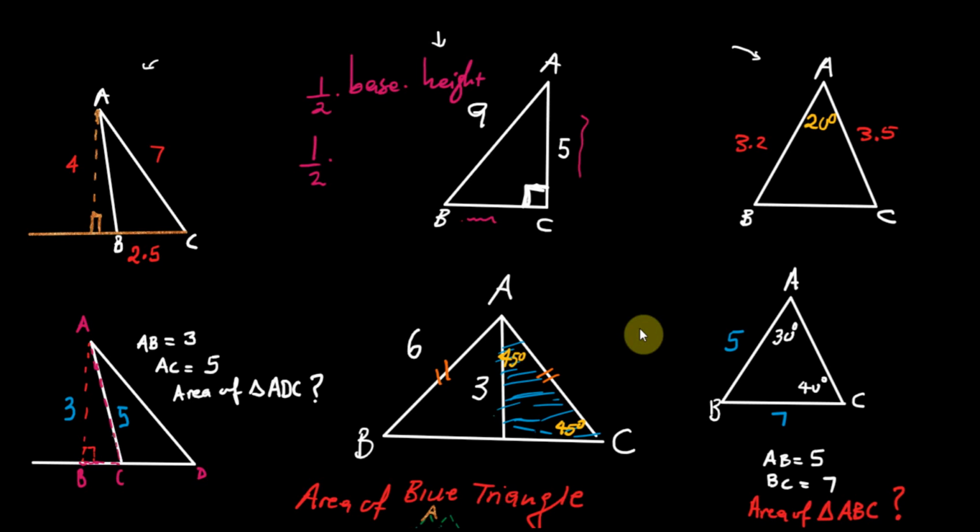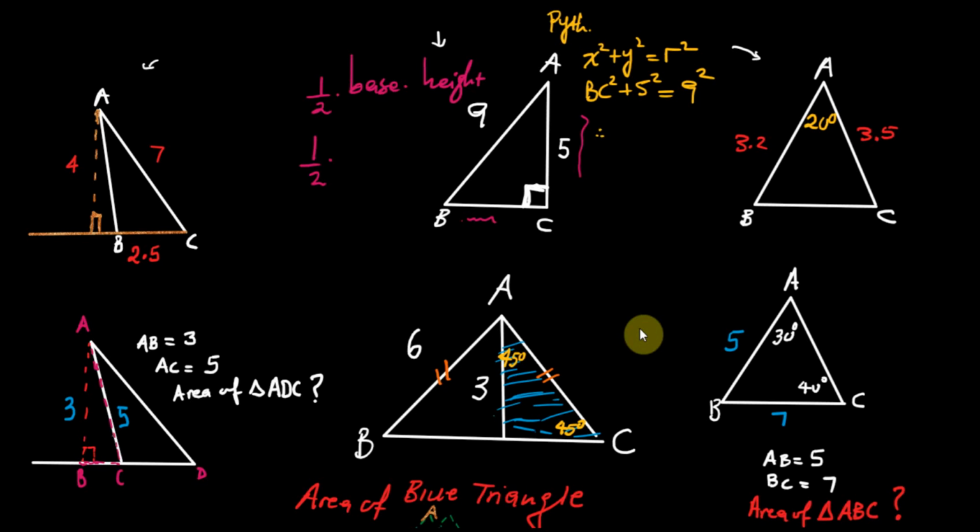To get this BC, since it's a right angle triangle, you can use the Pythagorean theorem. So x squared plus y squared is equal to r squared. So x, which is bc squared, plus y, which is 5 squared, is equal to 9 squared.